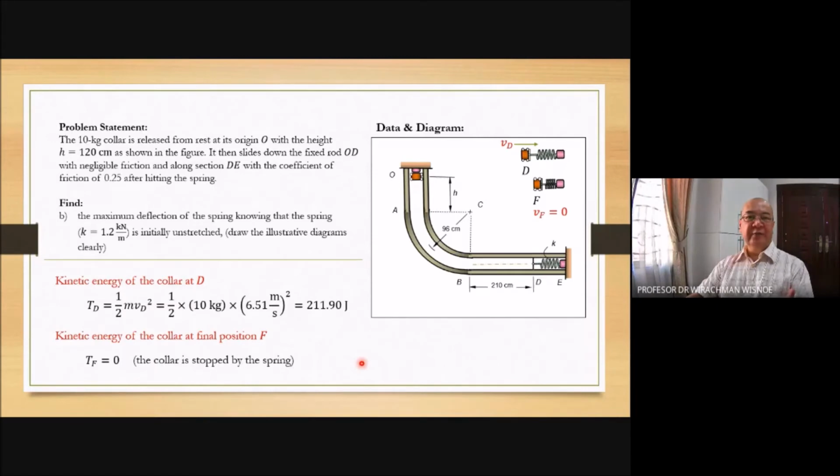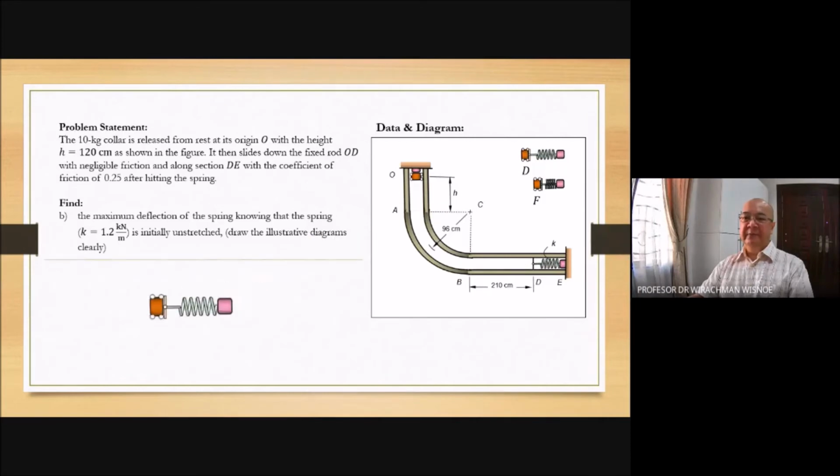Now we are going to calculate the work. For that, let's focus on the collar touching the spring. That is the displacement. We have the force from the spring. Since the collar pushes to the right, the spring will push to the left. It means we have negative work.